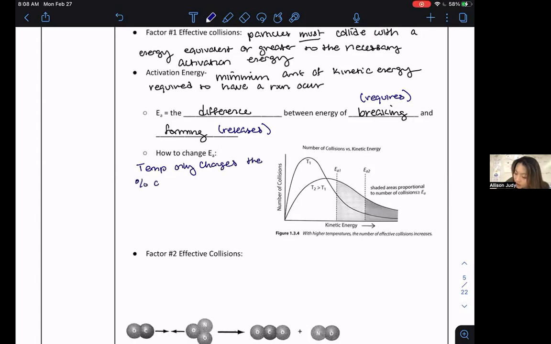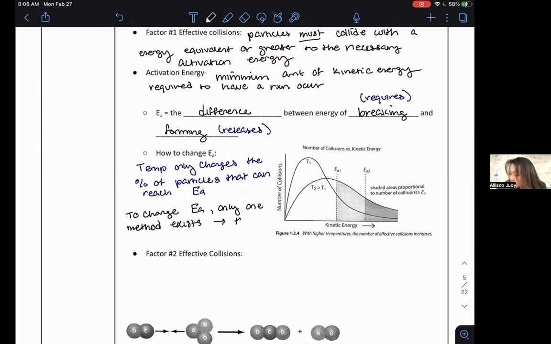But to actually change the activation energy value, only one method exists.